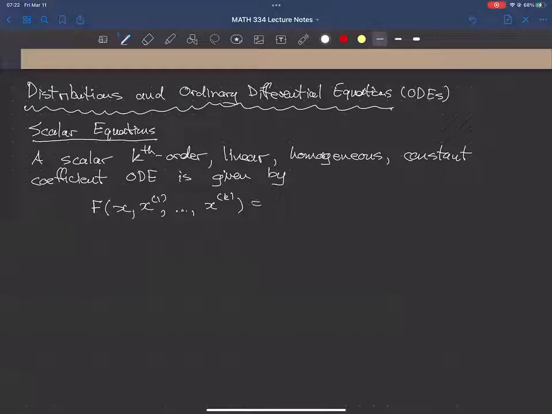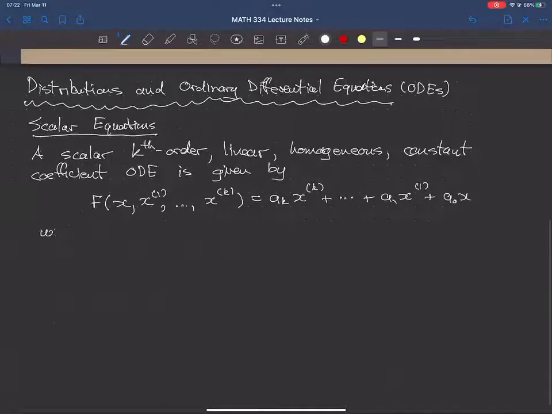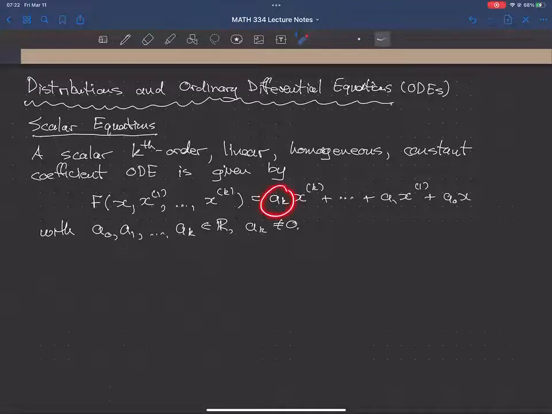It's going to look like a_k x_k plus ... plus a1 x1 plus a0 x, with a0, a1, ..., a_k constants. And I'm going to ask that a_k not be 0. If a_k is not 0, effectively you can set that to be equal to 1.